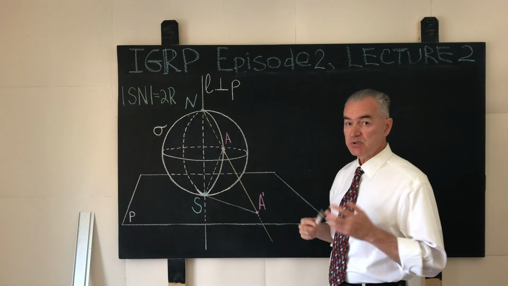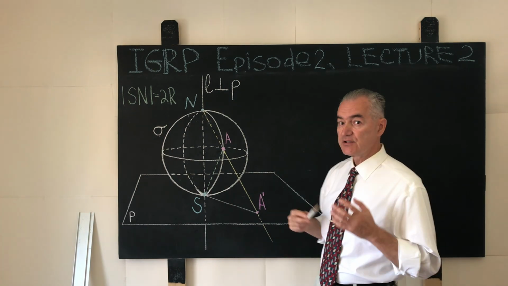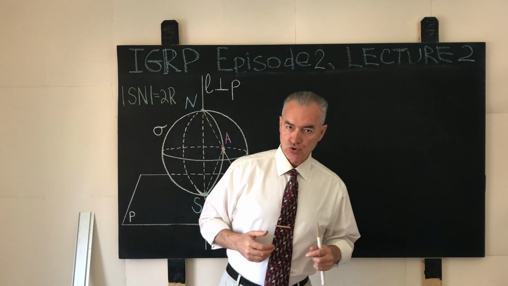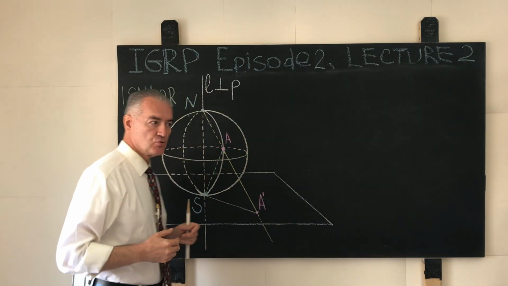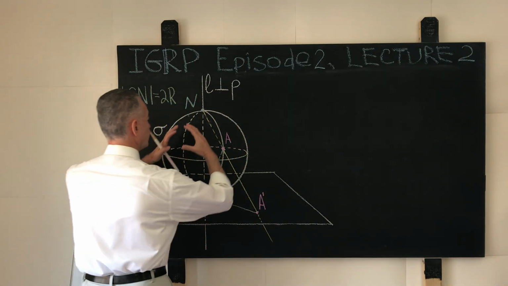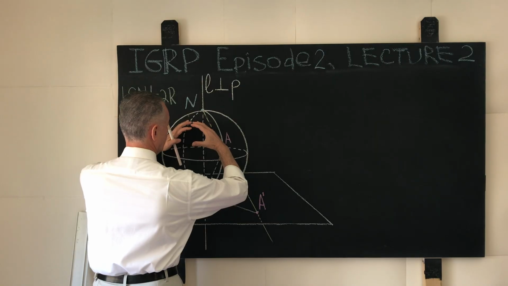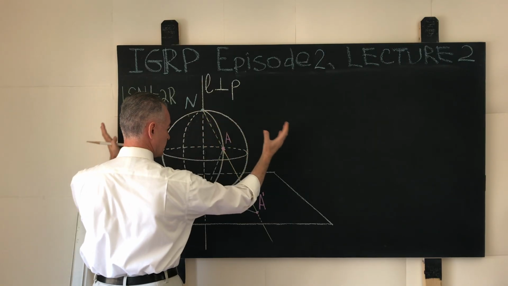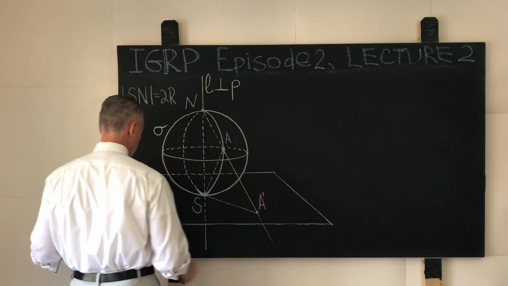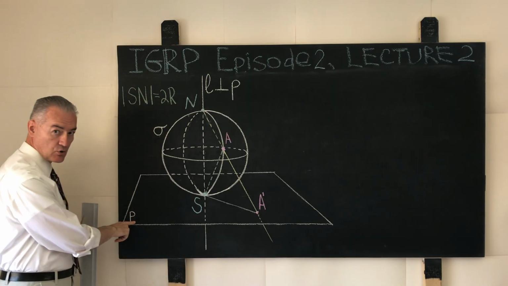And in plain English, in an intuitive way, we managed to unfold somehow, in an interesting way, the sphere sigma onto the underlying plane P below.